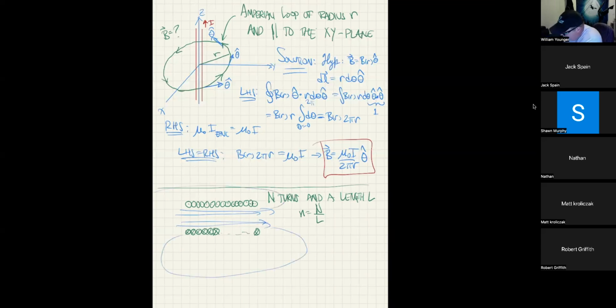Okay. So I'm going to choose an Amperian loop that goes from here to here to here to here. And notice I'm choosing it in a right-hand direction so that all the I's will be positive. And I'm going to say this length right here is L, and those other lengths aren't really going to matter. So the left-hand side, here's my solution.